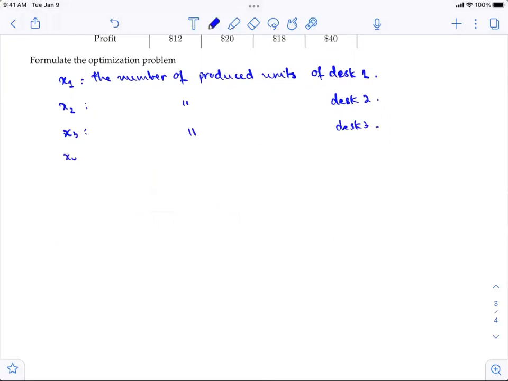And x4 is the number of produced units of desk 4.